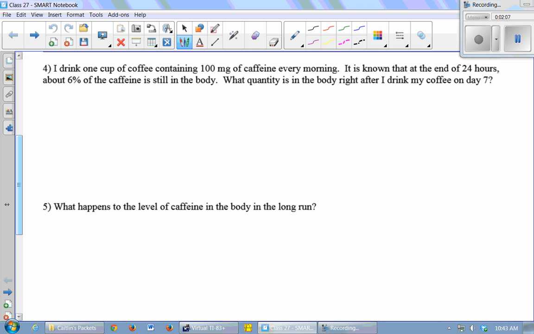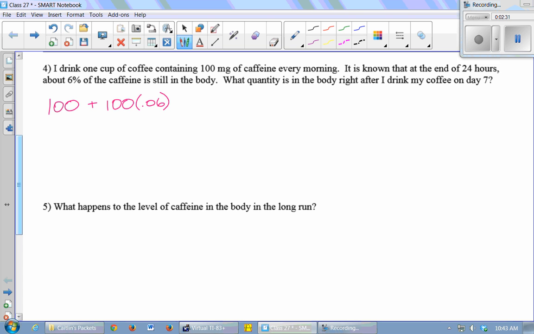So after 1 week. Right after I drink my coffee on day 7, that's 100 milligrams that I just put into my bloodstream. And then I have to add whatever is left over from the coffee I drank the day before, right? So 6% of that 100 milligrams still remains.